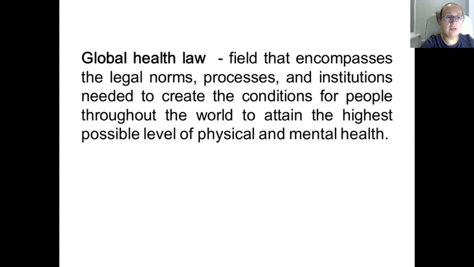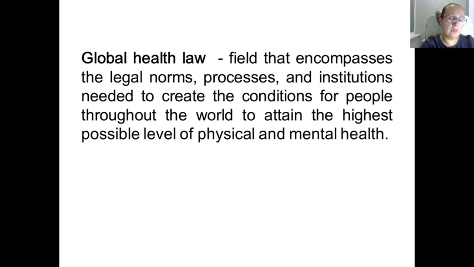So as you see, the area of questions of global health law in the last period became much wider, also regulating questions of the world, the questions of solving problems around the world.